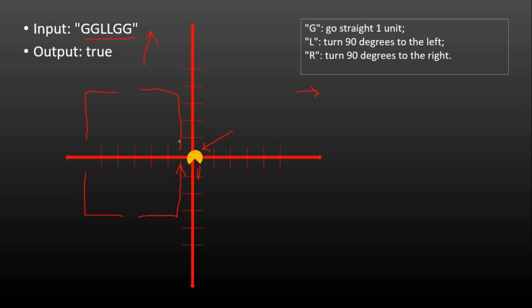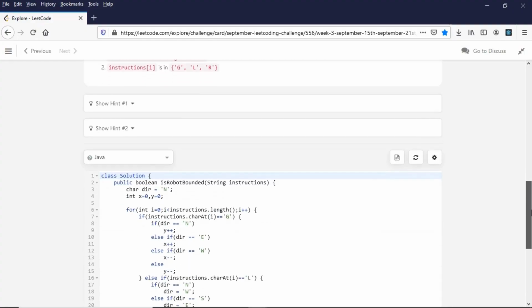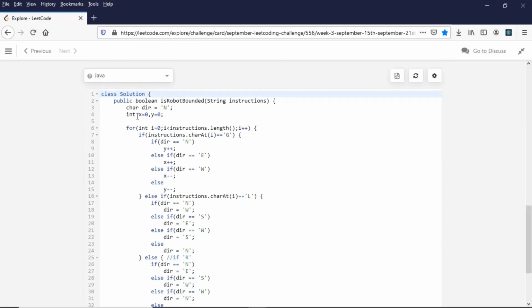So let's look into the algorithm. I've written the logic here. Initially my x and y is 0, that's given, and the direction is north, that is also given. We have provided the instruction, so I am looping over the instruction. For each character I am checking if the character is G. G is for going forward 1 unit.